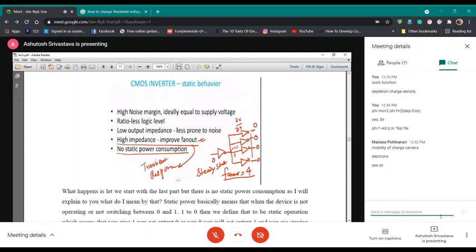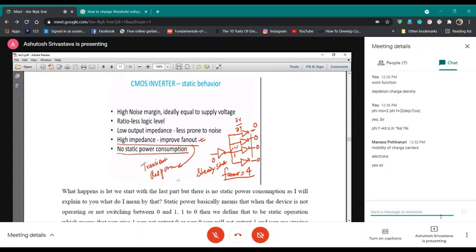So in PMOS, holes happen to be your charge carriers, while in NMOS, electrons happen to be your charge carriers. So electrons are much faster than the holes. That means the flow of electrons in your NMOS transistor would be much faster than the holes in your PMOS transistor.